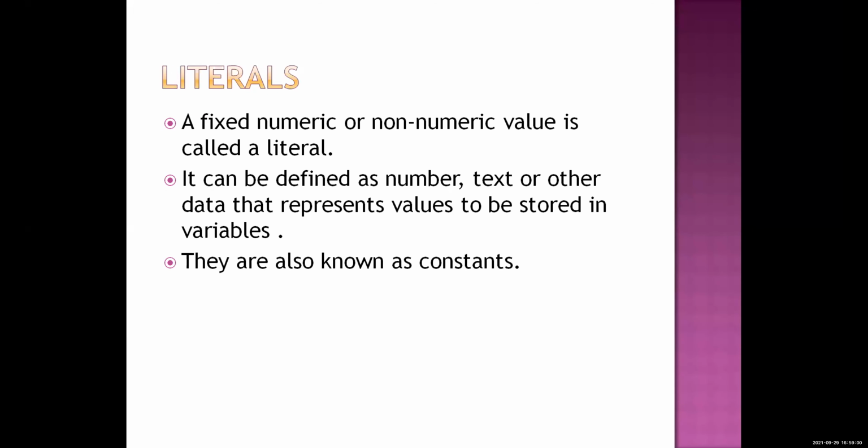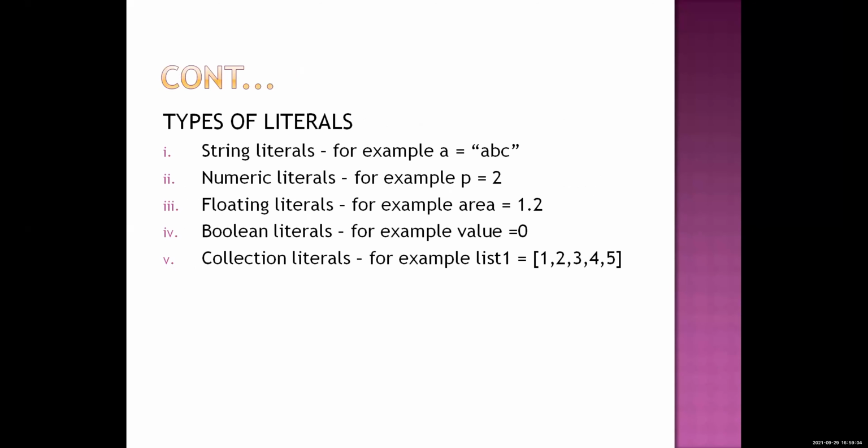Literals are also known as constants. There are 5 types of literals: string literals, numeric literals, floating literals, Boolean literals, and collection literals. String literals are enclosed in double quotes or single quotes. Numeric literals are whole numbers. Floating literals have a fractional part, and Boolean literals are either 0 or 1. Collection literals are a set of values assigned to a single variable.